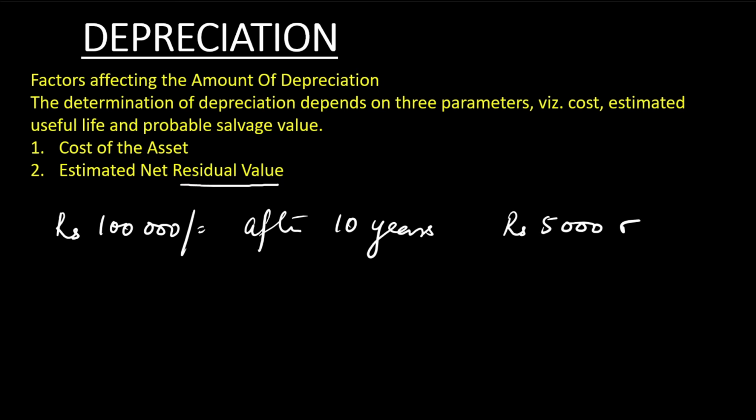So this 5,000 is the residual value of the machinery, at the time of disposal. So the estimated net residual value is the amount you're going to get after you sell off the machine, right? That is called residual value. Let's go further.